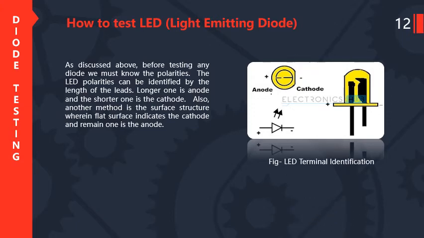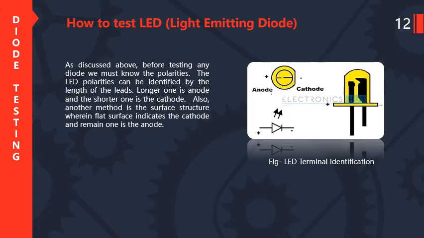In this diagram, we show the terminal identification. LED has two terminals, named anode and cathode. In the first diagram you can see the LED terminals: the positive terminal is known as anode and the negative terminal is known as cathode.